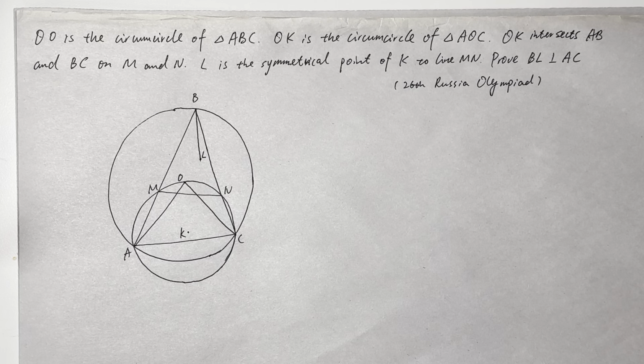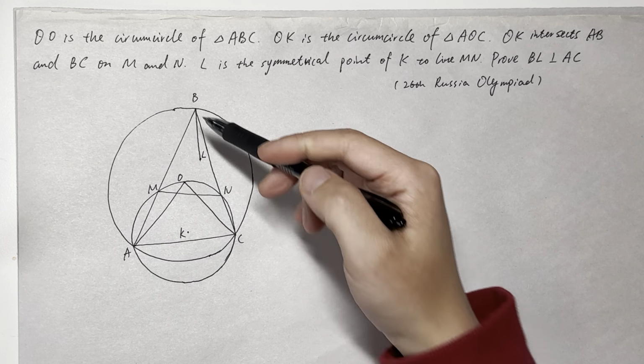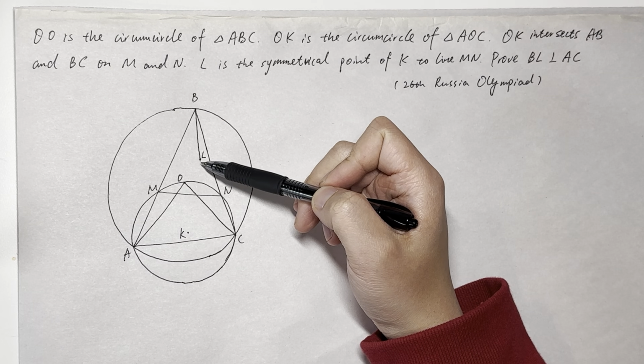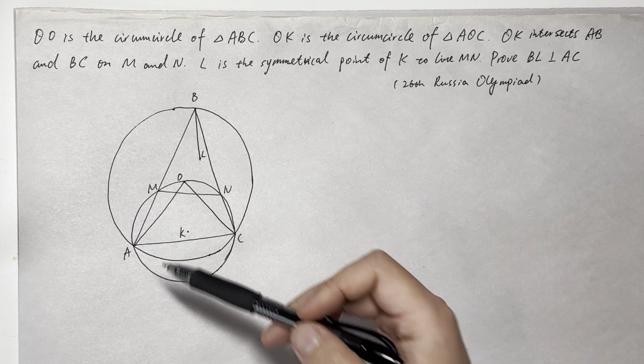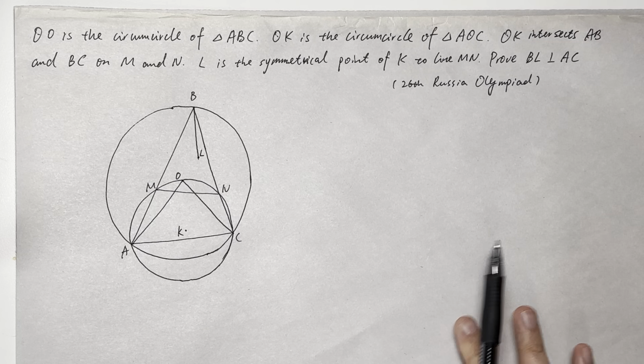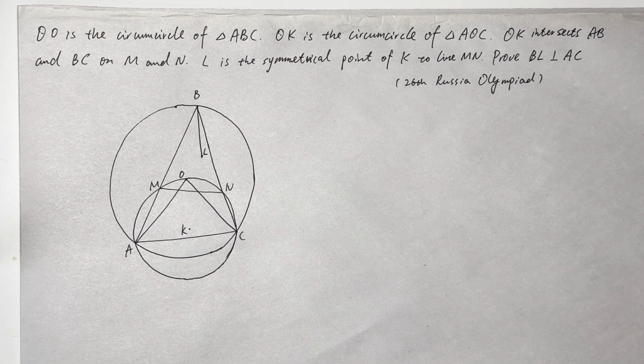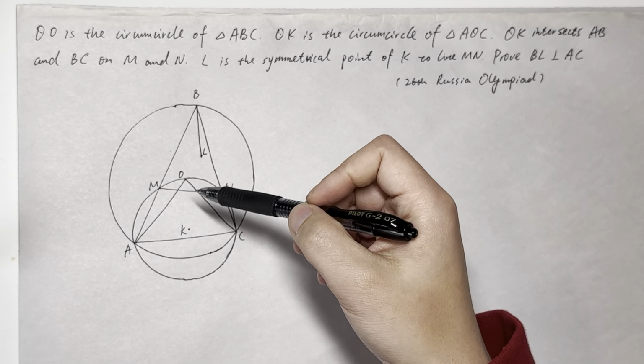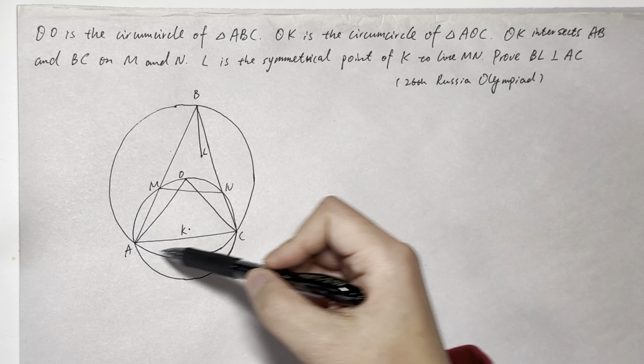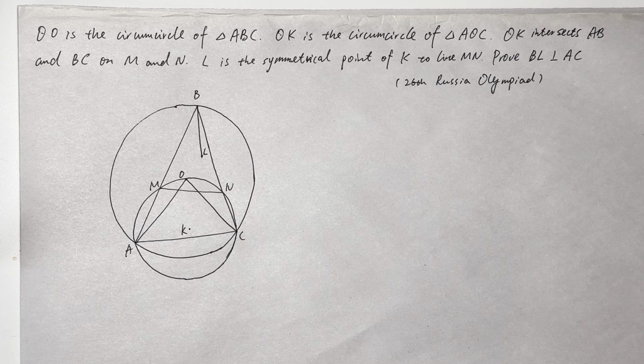For example, we want to find some other line perpendicular to BL, and prove that line is parallel to AC. Or we want to find some other line perpendicular to AC, and prove that BL is parallel to those lines that are perpendicular to AC. That's a part we can do the proof.